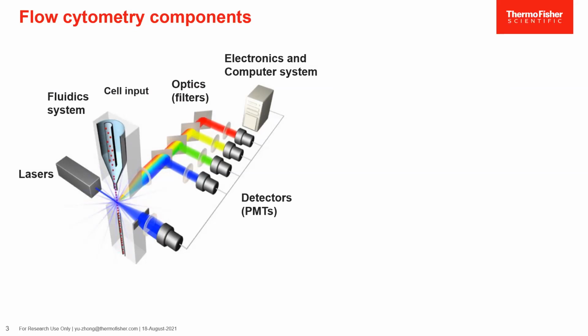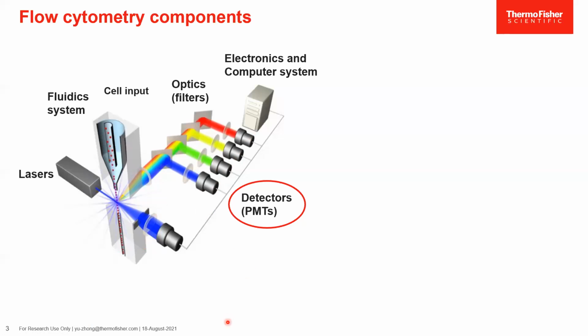In today's talk, I want to emphasize that the detector is one of the critical components of the flow cytometer. The most commonly used are the photomultiplier tubes, called PMTs, that reside in each channel of the instrument. You can see all the PMTs.